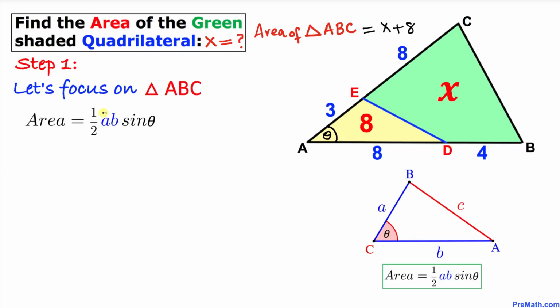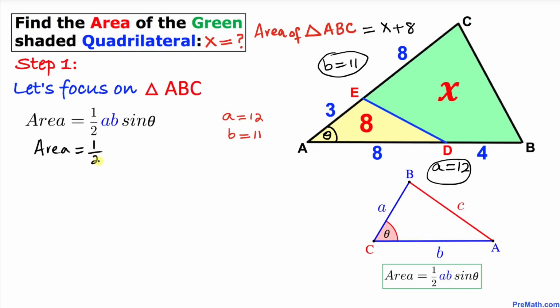In our case, a is going to be 8 plus 4, that means a equals 12, and b is 3 plus 8, so b equals 11. Let's fill in the blanks. Area equals a half times 12 times 11, and leave sine theta as it is.